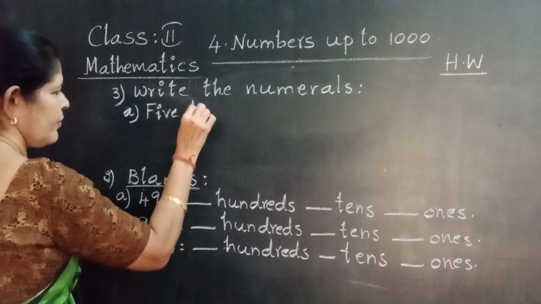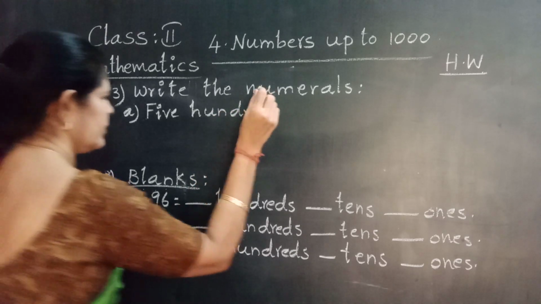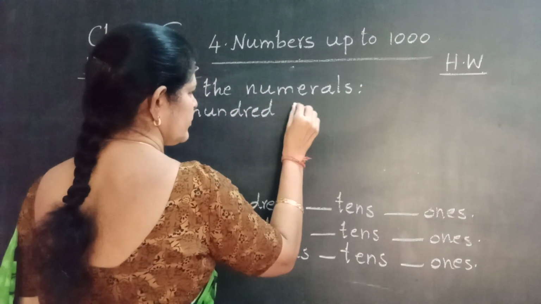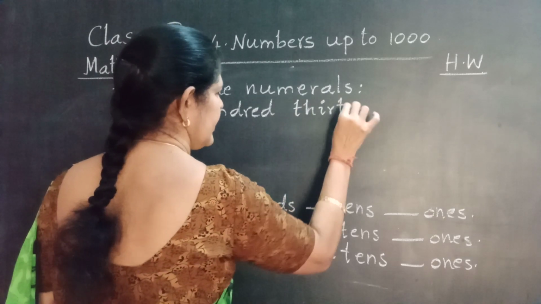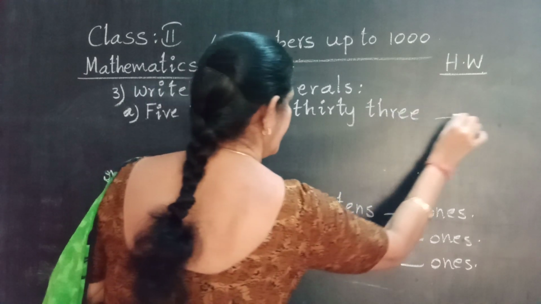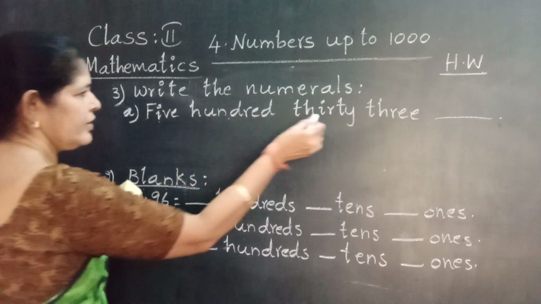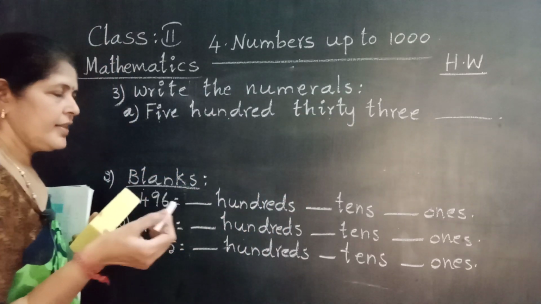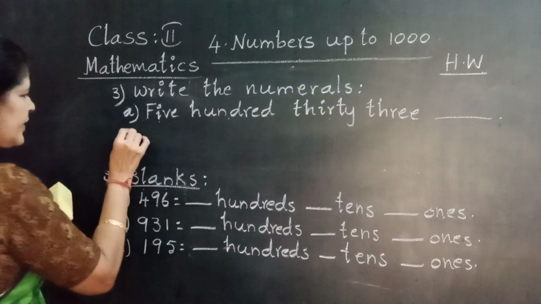Five hundred thirty-three. Come on. Put the places and write the number correctly.